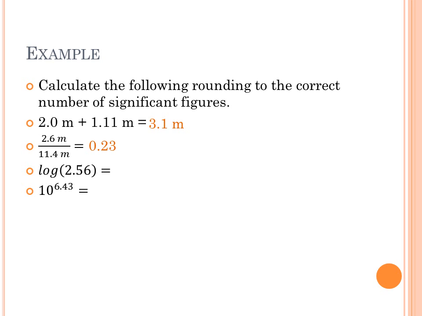Log 2.56, we get 0.408, where in this case the number of decimal places is equal to the total number of significant figures in the argument of the logarithm.